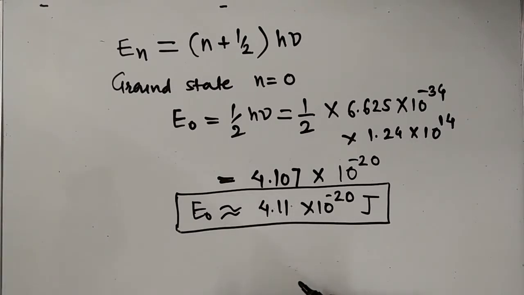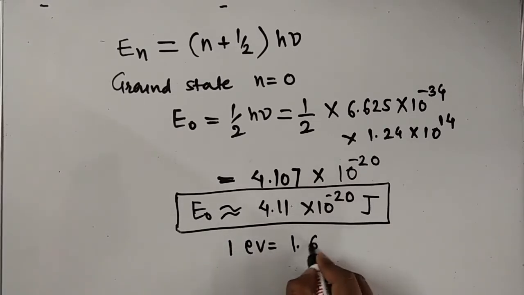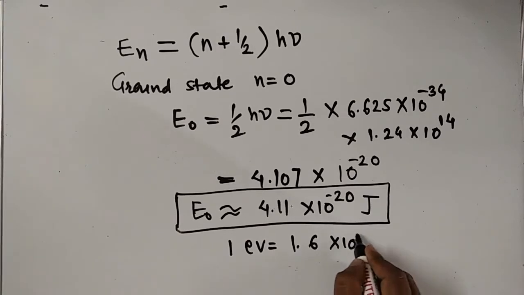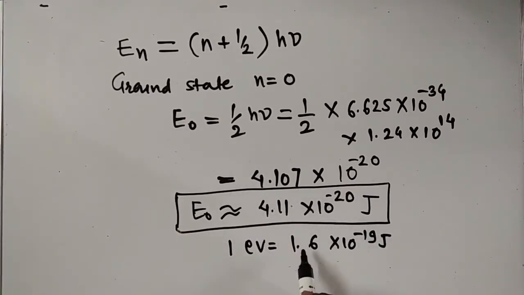We can convert this energy into electron volt if we divide it by 1.6. So 1 electron volt is equal to 1.6 into 10 raised to minus 19 joule, right. If I divide by this quantity, so I'll get the energy in electron volt also, right.